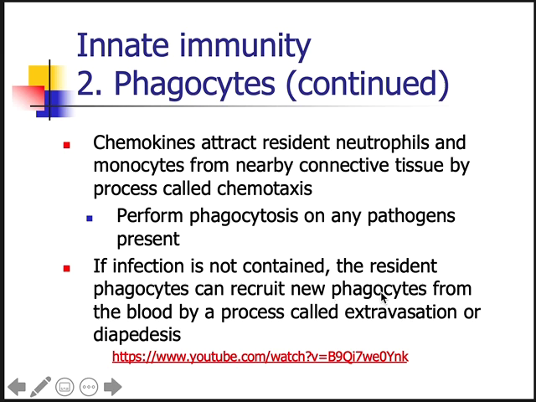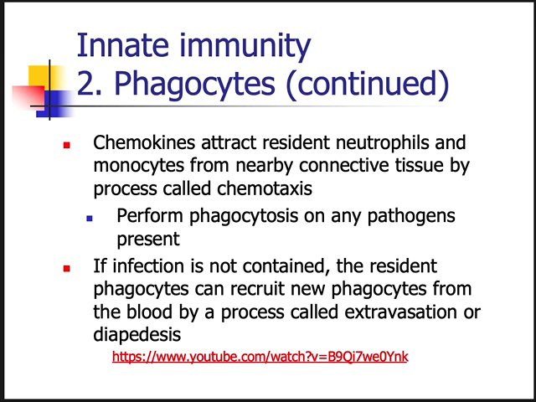to come to that area. And that process, like I mentioned, is extravasation, which, if you break that word down, it looks like vasation, vessel, right? And then extra, to go outside of. So that can help you remember, extravasation is the process of these phagocytes leaving the vessel, the capillary.